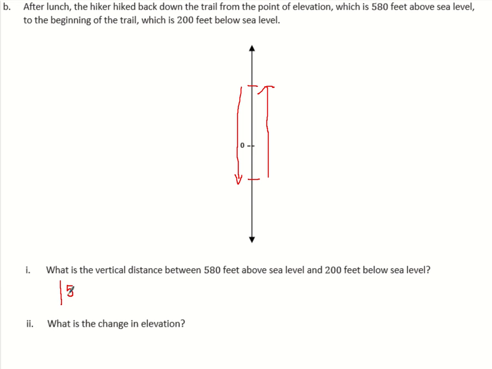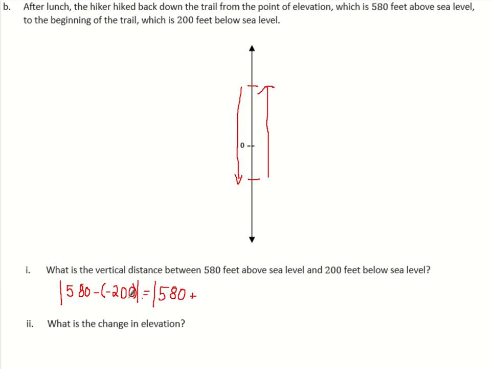Our starting point at this point is going to be 580 minus our ending point, 200 feet below, which is going to be negative 200. Remember, however, our subtraction rule says get rid of that minus and get the opposite of our second number. So our first number stays the same, 580.